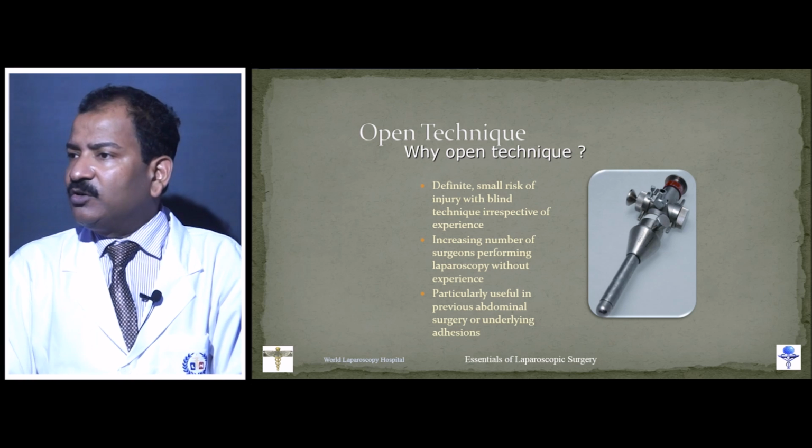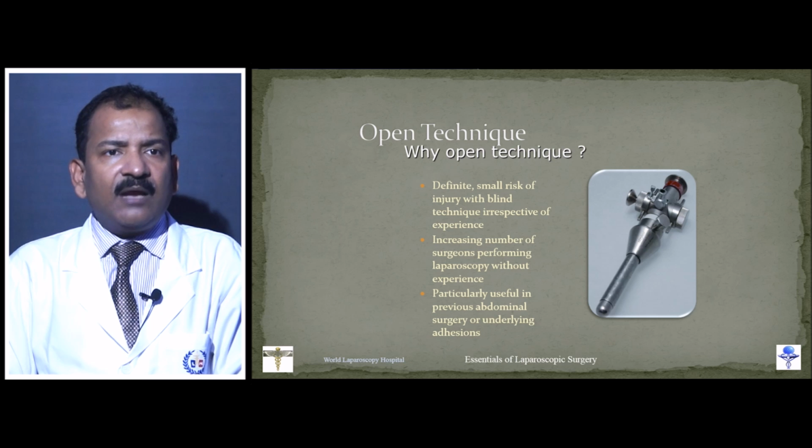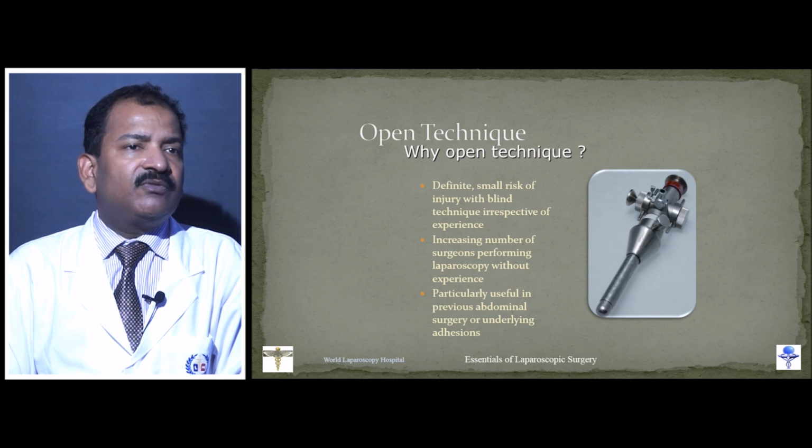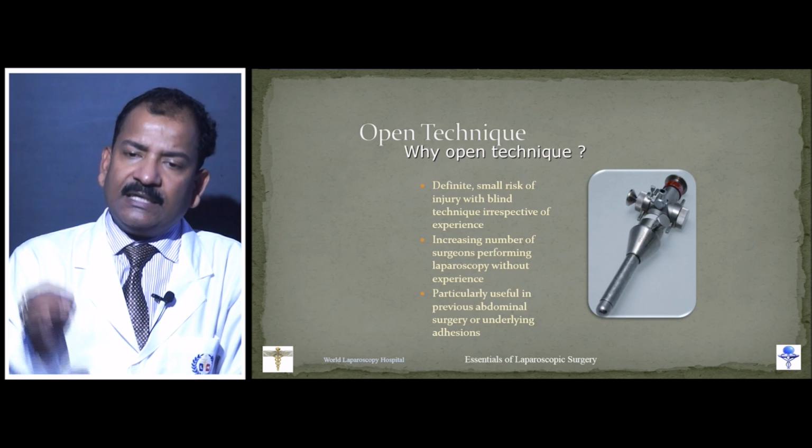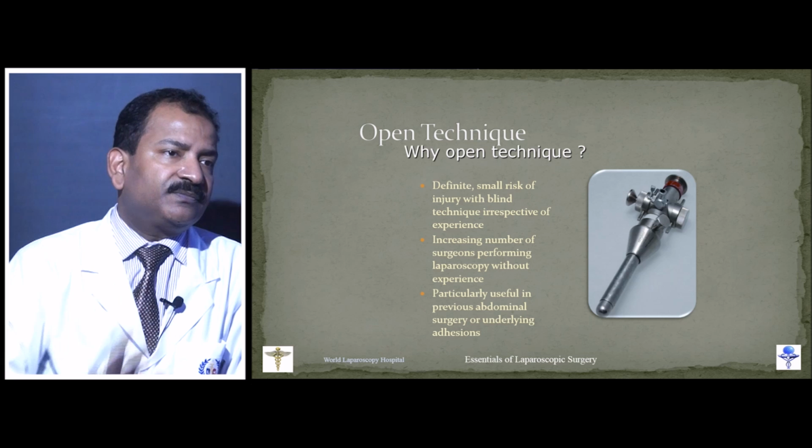At 30 years of age, you ask if they had any severe illness before, and they say no, and you put your Veress needle, and it directly enters into the bowel.